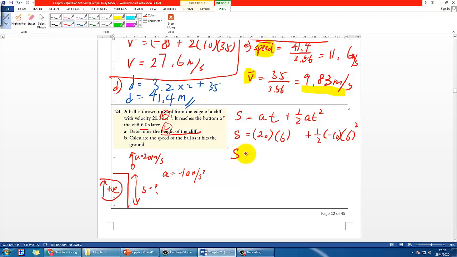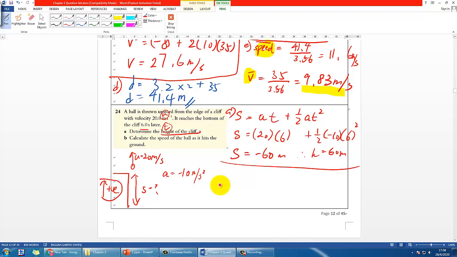The answer you should find is -60 meters, and so the height of the cliff is simply 60 meters.